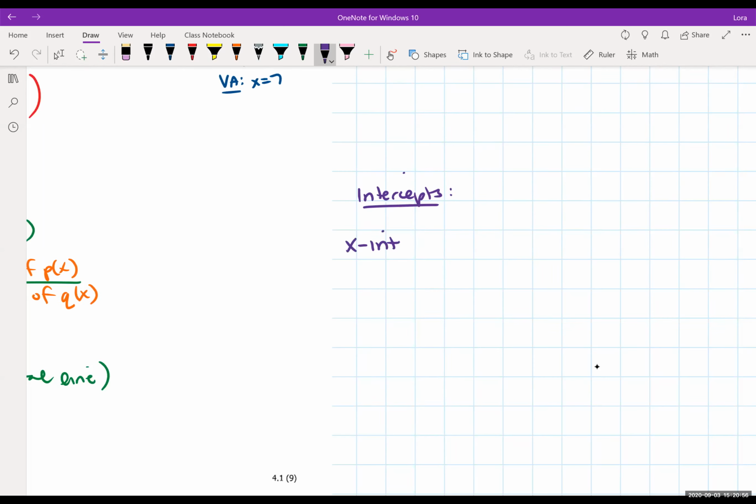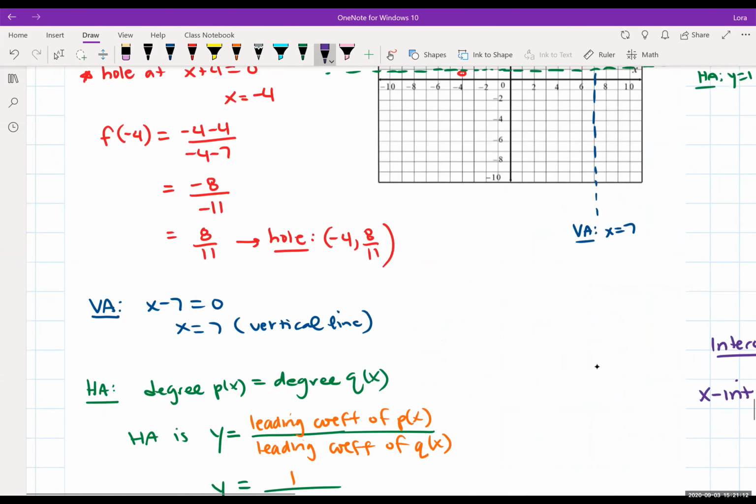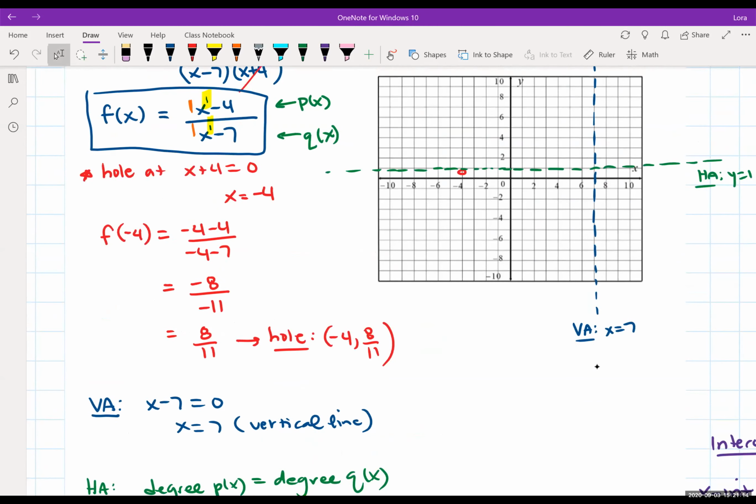I go alphabetical order. This means I would set my y value equal to 0, but that means y is equal to f of x. And we can use our reduced function in this case. So again, our f of x, that's why I circled it, it's x minus 4 over x minus 7.